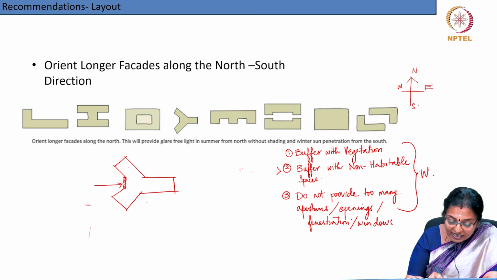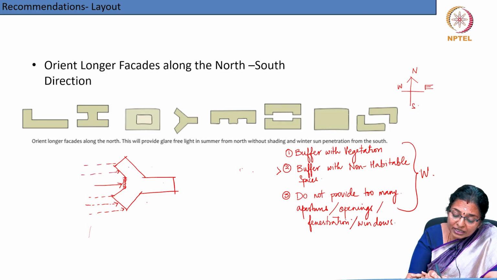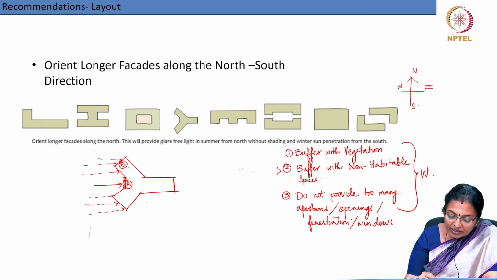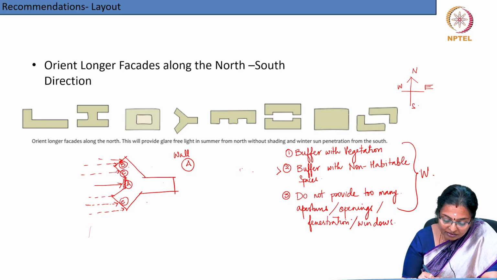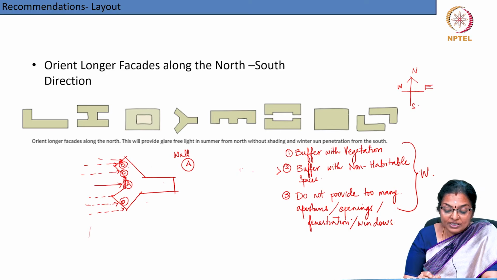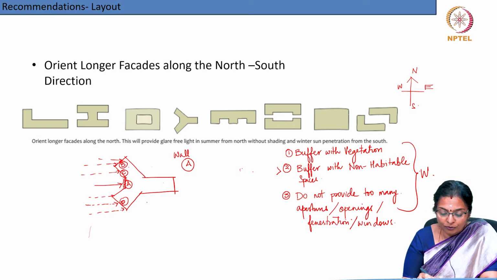In all these other areas, it will not be direct incident solar radiation, and hence its intensity will be much lesser compared to that which falls on wall A. So, wall A is your only area of larger concern and not wall B or C. On B or C, direct solar radiation does not fall.